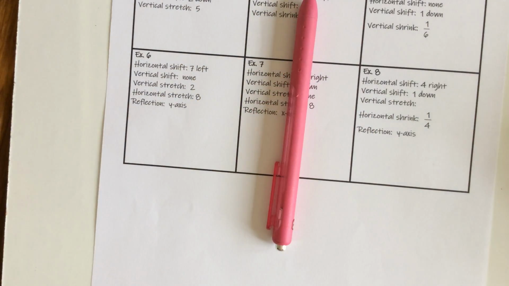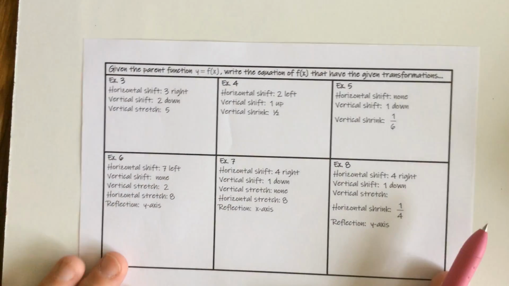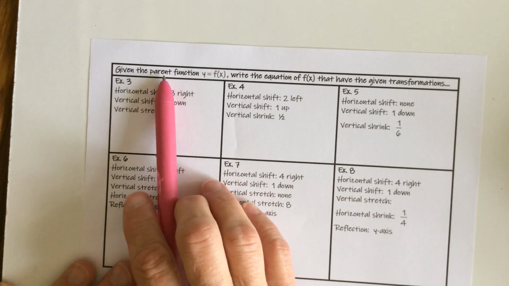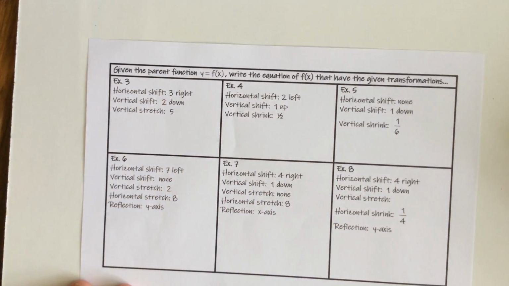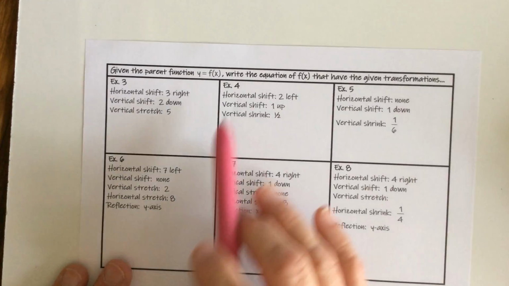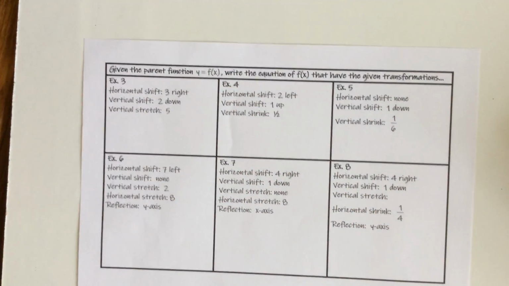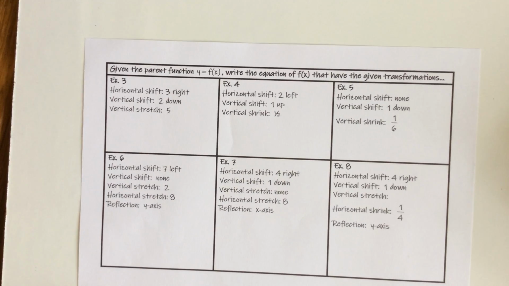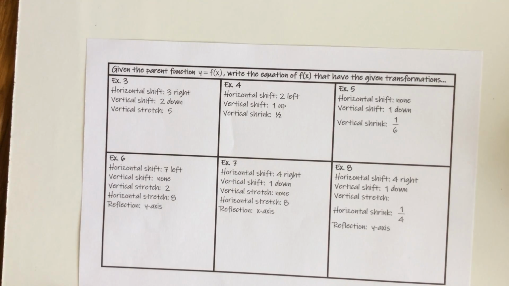Notice that this particular set of examples says, given the parent function y equals f of x. Notice I don't have a specific function. I want us to write the equation of f of x that has the given transformations.